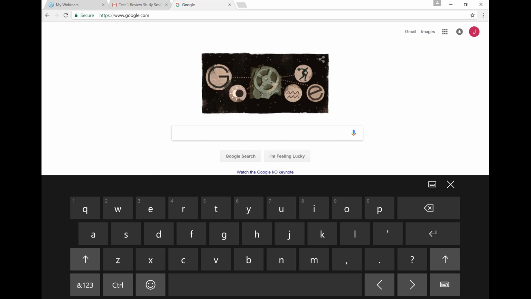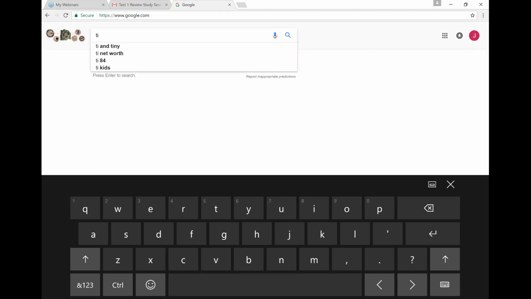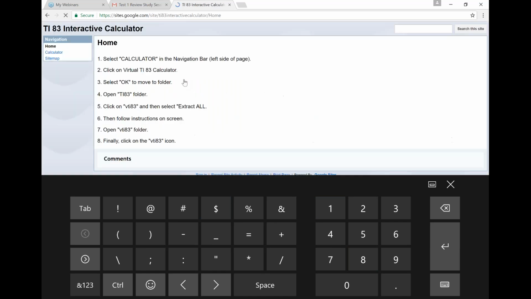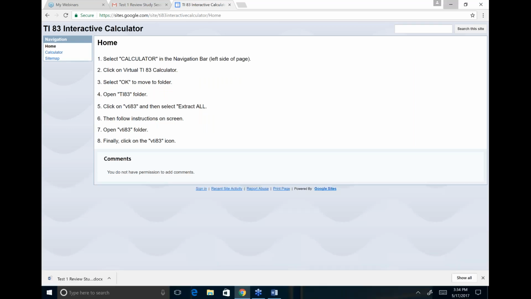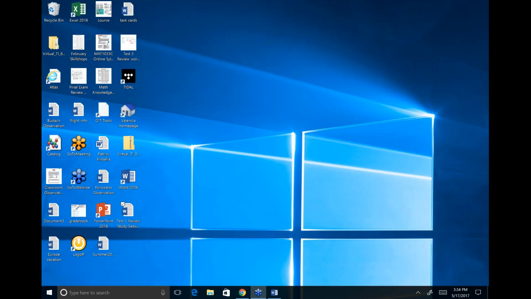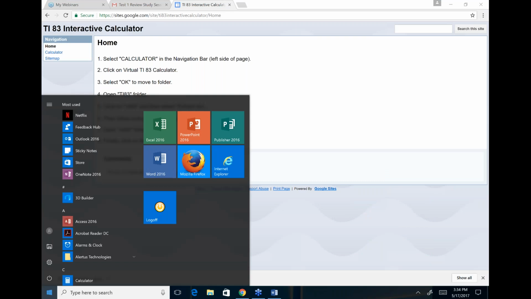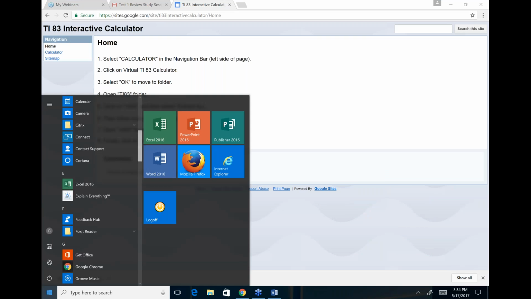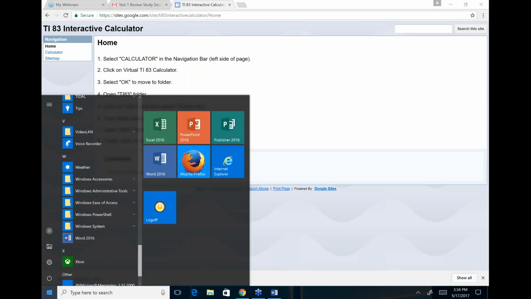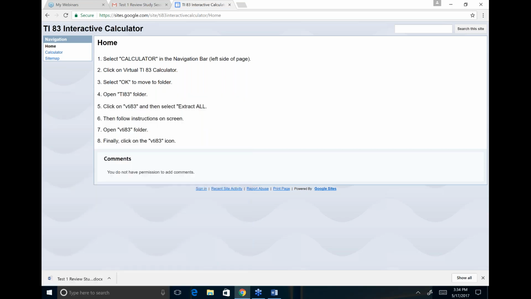Let me see here. TI-3. Actually, we already have it. Let's see something real quick. No, I don't. Do I have a calculator? Nope, I don't. All right.